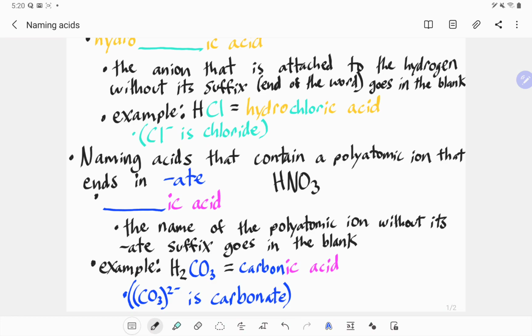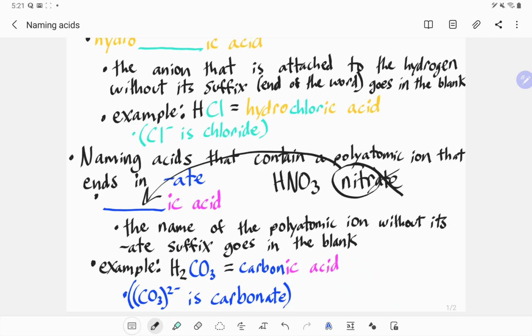All right, hopefully we were able to solve that. We identify NO3 is nitrate. So it has that ATE ending. So we're going to use this naming system. Cancel the ending and put everything else in the blank.